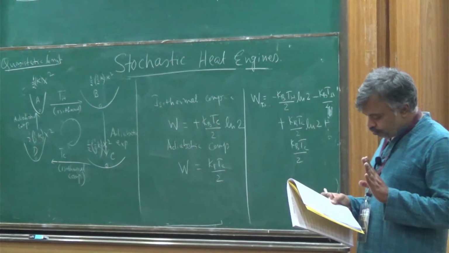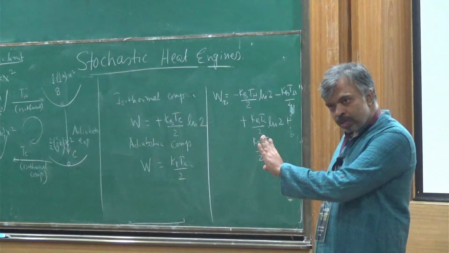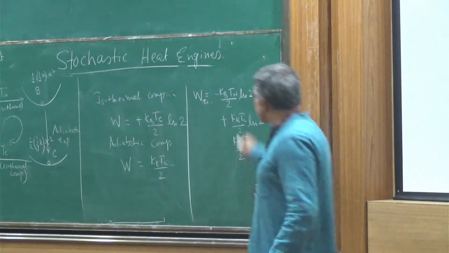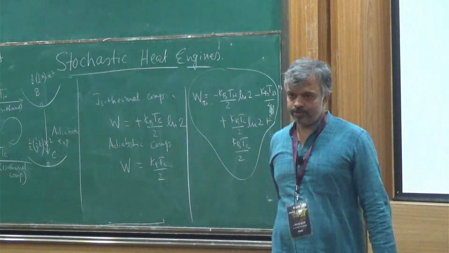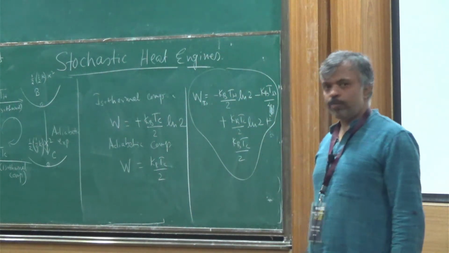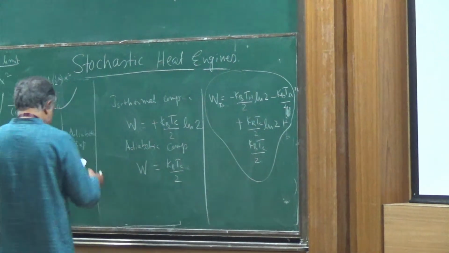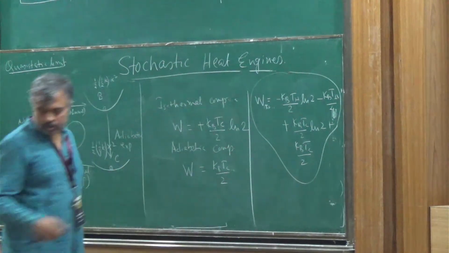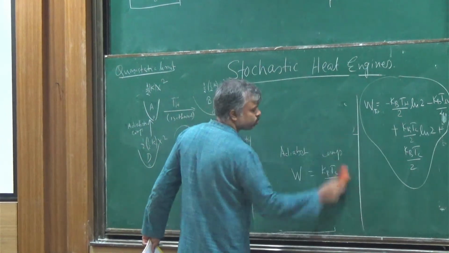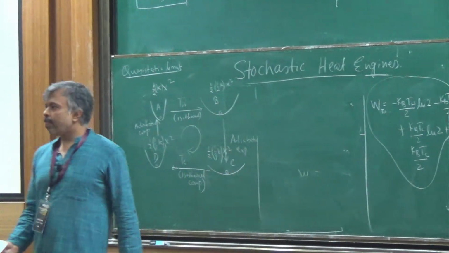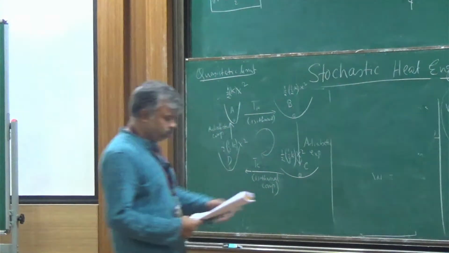Now one non-trivial thing, which is not there in macroscopic engines: you will see this work, whatever I calculate, may not always be negative. It may be positive, because if you rearrange the terms, you will see k_B T_C by 4. First one, yes, first one is 4 and then it is 2.